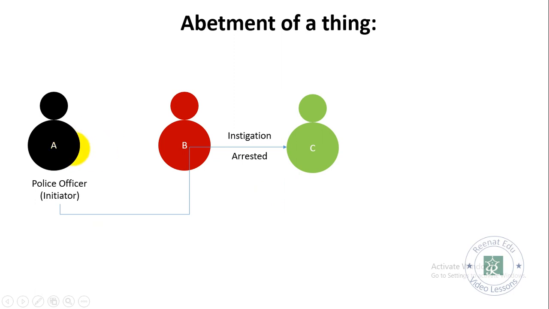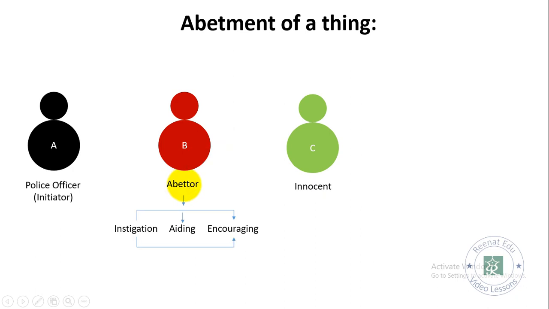So that's why I told you A and B are the important ones, the initiator and the abettor, not C and Z, the criminal one. Okay. Since he is representing C as Z to cause his arrest, he is the abettor.